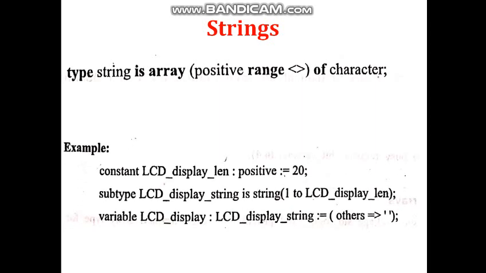For example, constant LCD_display_length positive 20. The subtype LCD_display_string is a string of 1 to LCD_display_length. Variable LCD_display_string with the box. This is all about strings.